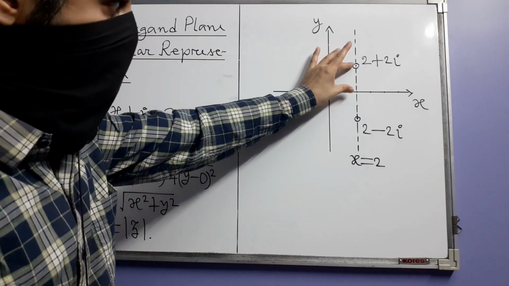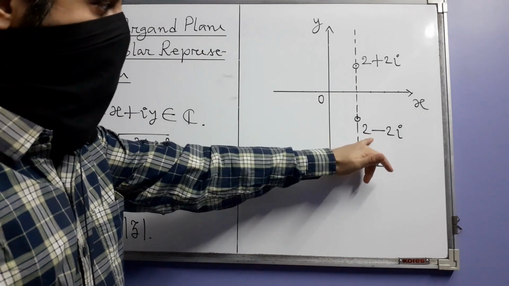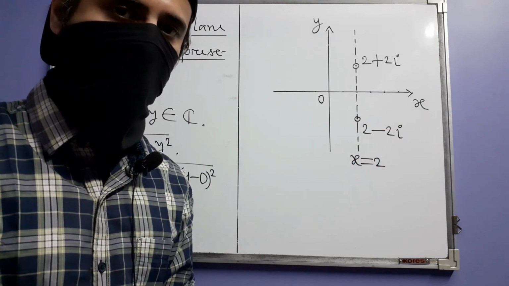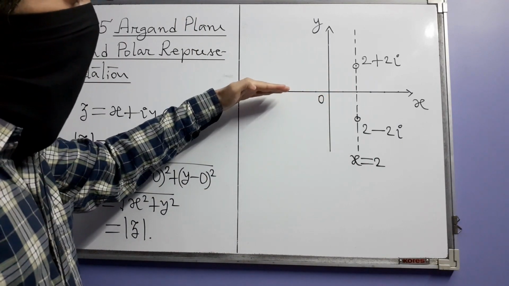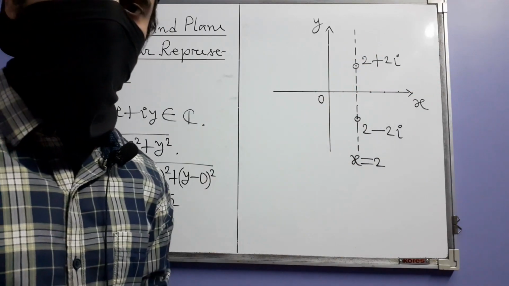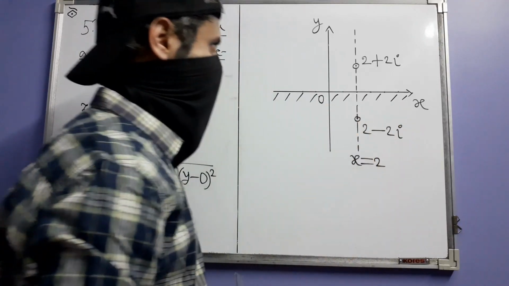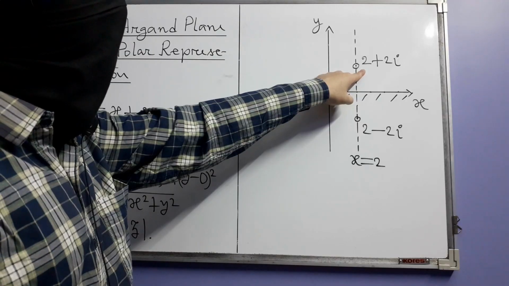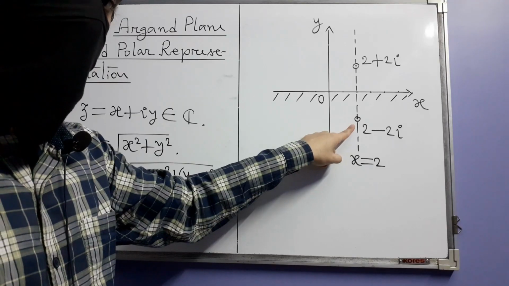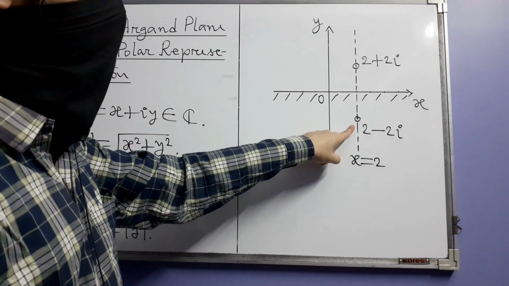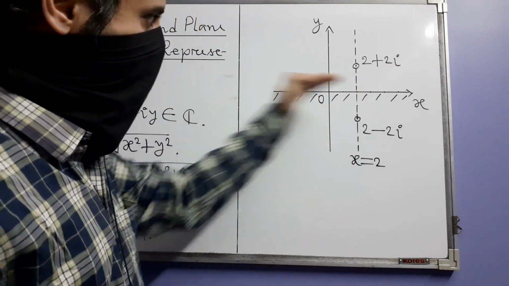Their distances from the x-axis are the same, which means that this complex conjugate 2 minus 2i is the mirror image of this complex number 2 plus 2i on the x-axis, as if the x-axis is a plane mirror and 2 plus 2i is standing here looking in the mirror and seeing itself there. This is where its reflection lies. So the complex conjugate is the reflection of the original complex number on the x-axis.